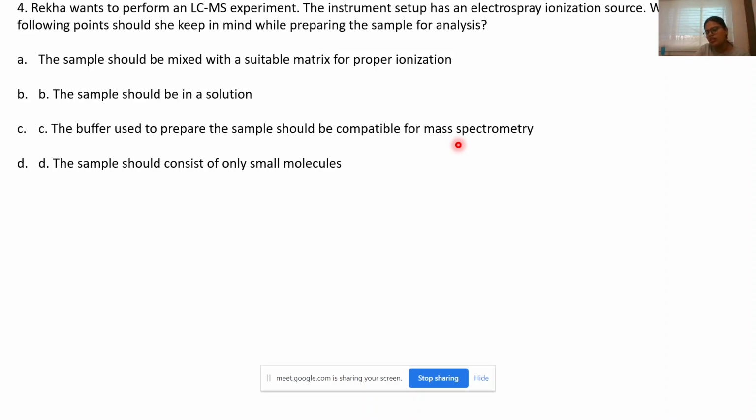There are certain buffers and certain chemicals which might generate a very high response, and it could hamper the detection of your compound of interest. There is also the concept of matrix effect when you are using mass spectrometry. That is why you should always check whether the buffer you are using is compatible to the mass spec or not.